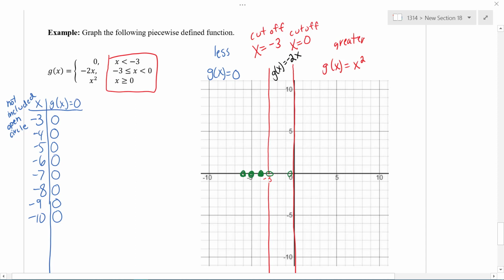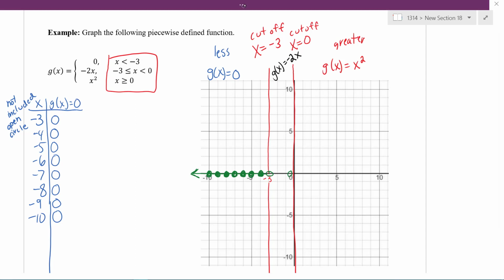So all of these points get plotted right there on top of the x-axis where the y value is 0. So we're going to connect that open circle to all those closed filled-in circles, and then we're going to put an arrow to indicate that we could keep choosing more x values to the left of -10, but we're going to put an arrow there instead of plotting all of those points forever.